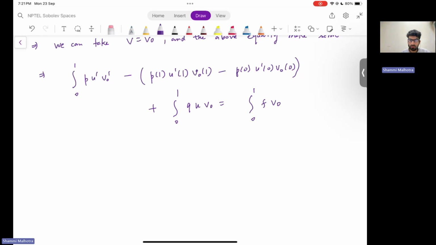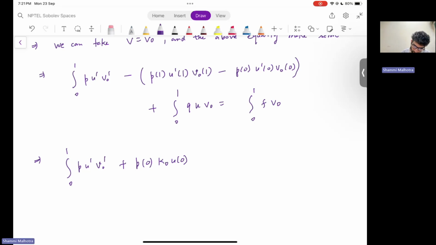Since we know the boundary values of v naught, this is equivalent to integration 0 to 1 p of u' v naught', and we know that v naught at 1 is 0, so the one term is vanishing, and we have p at 0 and u'(0), and in fact u'(0) is nothing but k times u(0), so this is k naught u at 0.